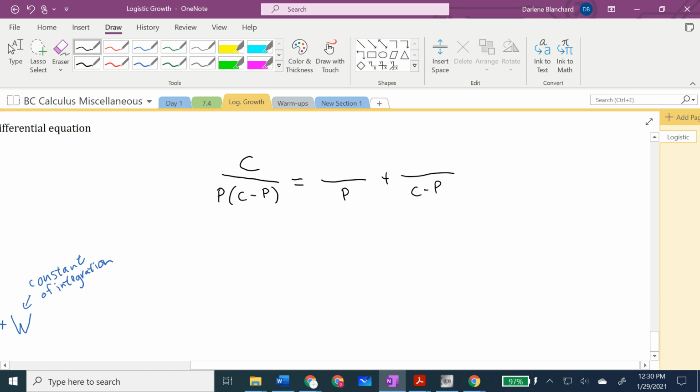And this is why I didn't want to use the letter A. I need to find the constant above P and the constant above C minus P.